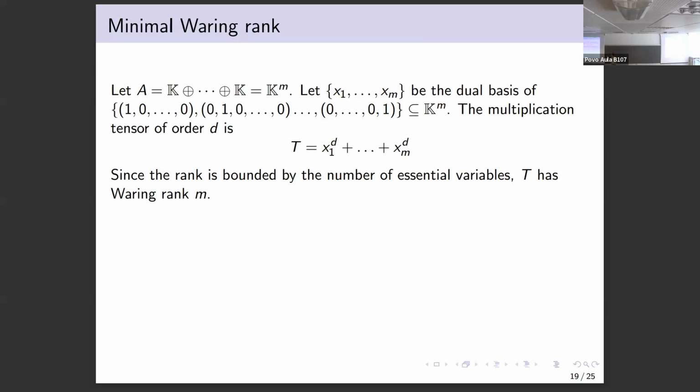So if I fix the canonical basis, this element times this element is 0. So pretty much the only thing that can be in the structure tensor are pure powers of the variables. So the structure tensor is this polynomial here. This is concise, like we said.